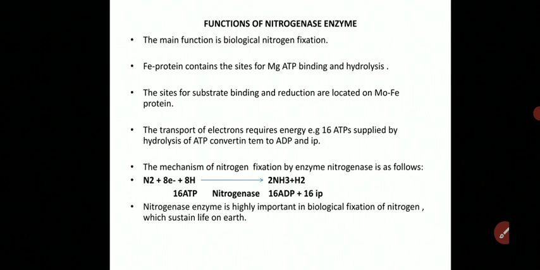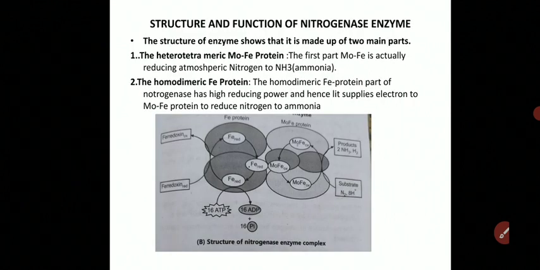Second, the electrons are delivered one at a time from the Fe protein, involving component protein association and dissociation, and hydrolysis of Mg ATP, at least 2 for each electron transfer. Third, the Fe protein contains the site for Mg ATP binding and hydrolysis, as shown in this figure. Here, look at here.